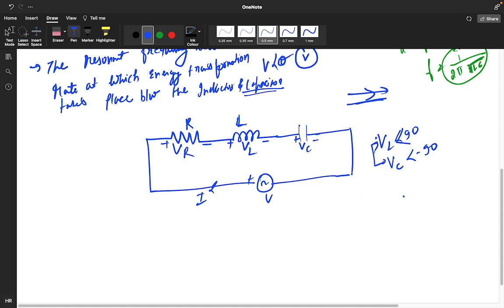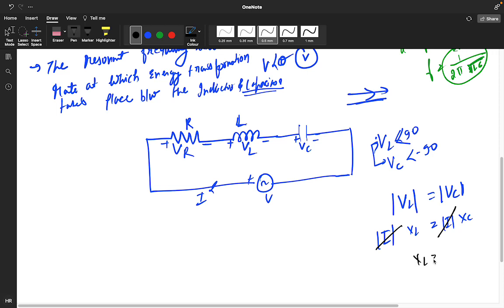And what I am saying, the magnitude of VL will be the same as the magnitude of VC. So I into XL is equal to I into XC. So this I will cancel out and you will get XL equals XC. I am taking omega naught as my resonant frequency.